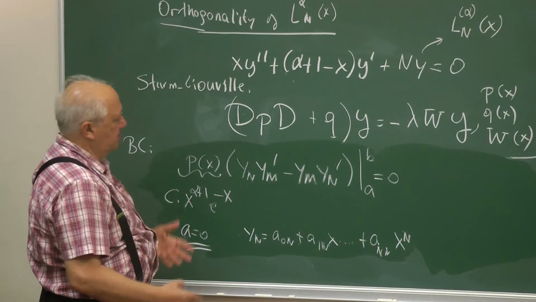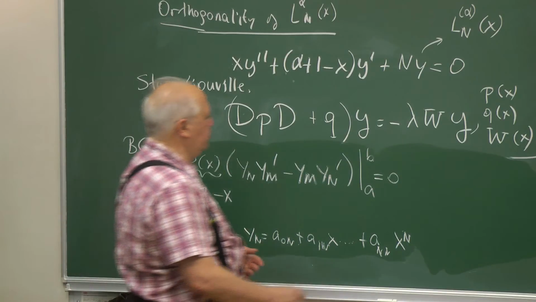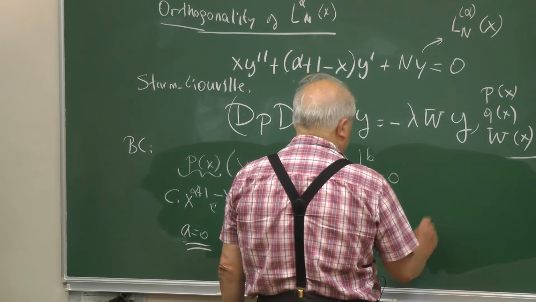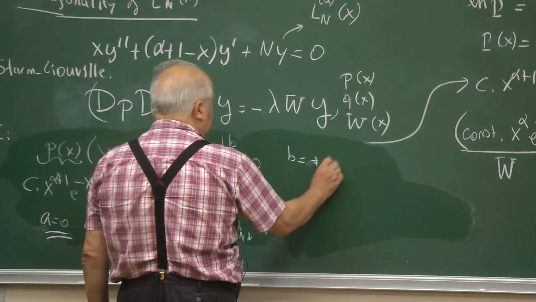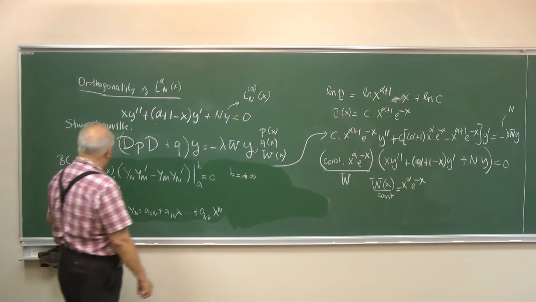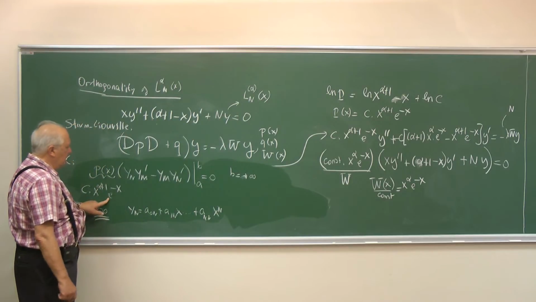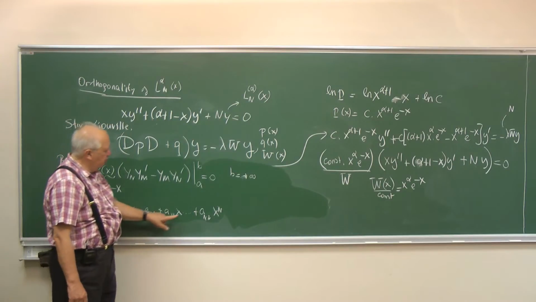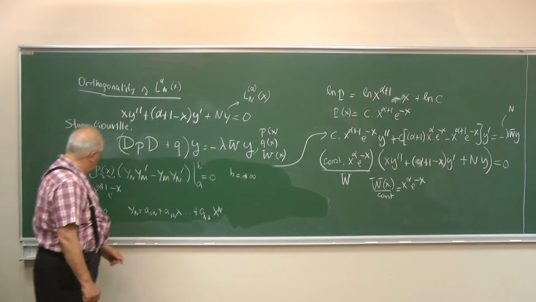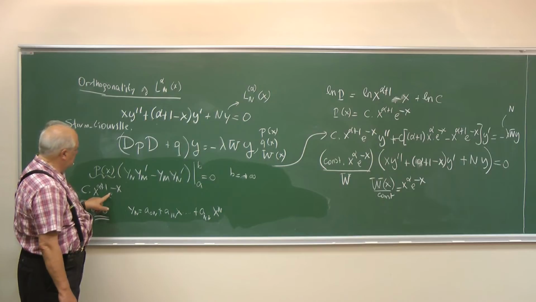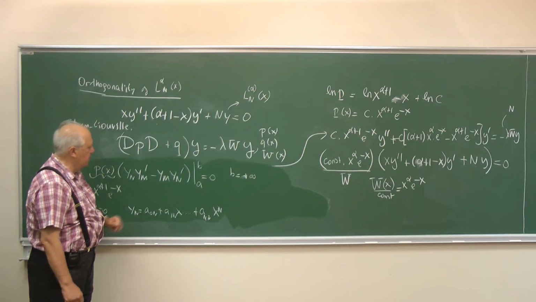And what about b? If we choose b to be positive infinity, then e to the minus x dies, and this is a polynomial, so it has the highest power x to the n, and the exponential will kill any power.